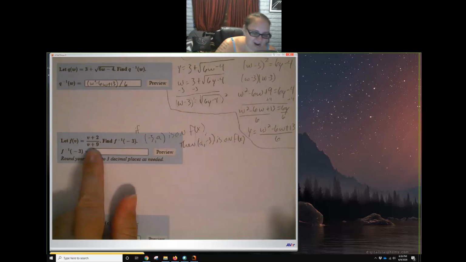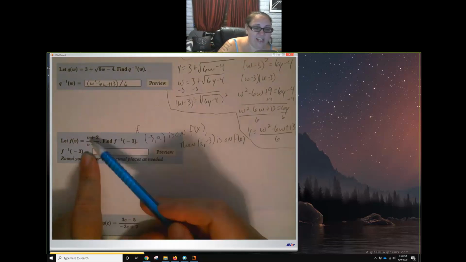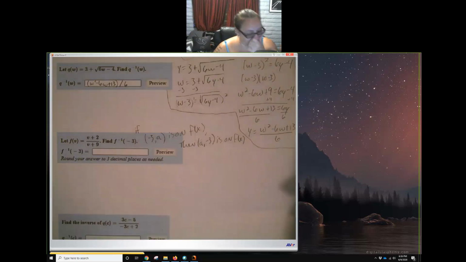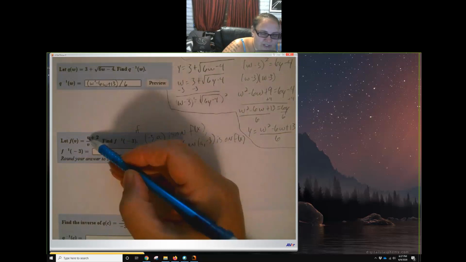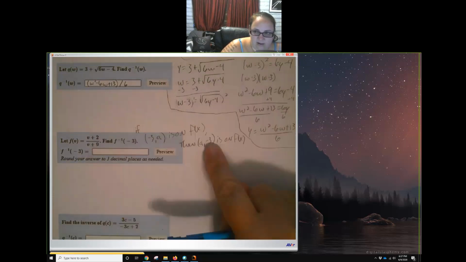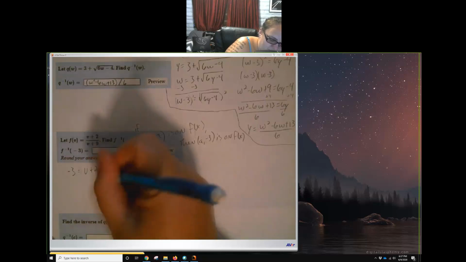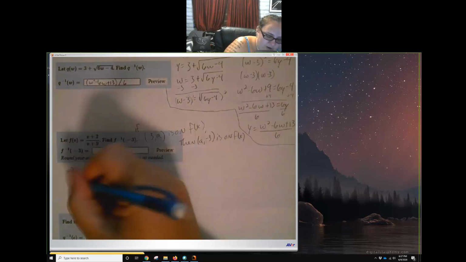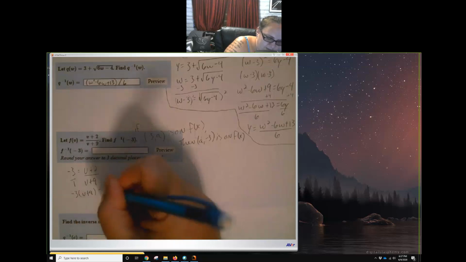So what I'm saying here is that if I made the v my a, the y would be my -3. So if you're given a problem like this, you would say, okay, I need to know for what value of v does y equal -3. So we would say -3 equals v plus 2 over v plus 9. I'm going to put this over 1 and cross multiply. So -3 times v plus 9 equals v plus 2.